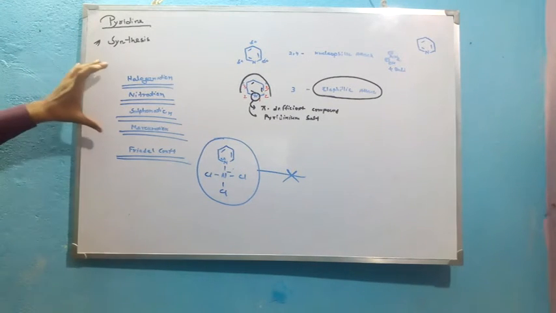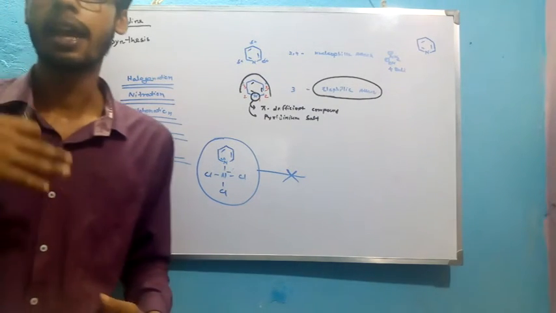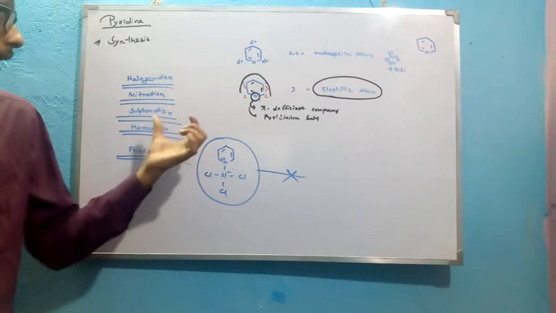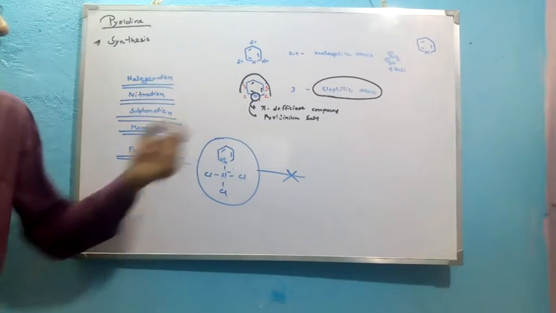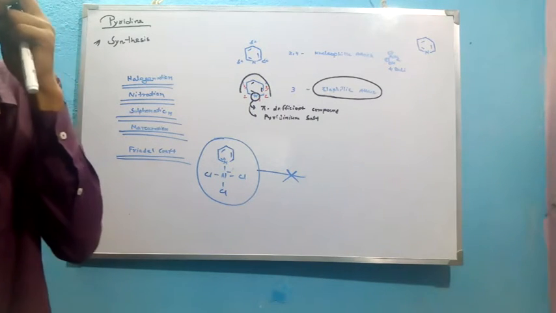Okay, so in the case of mercuration, the important point is that it is directly attached at the nitrogen, which is the tertiary nitrogen.